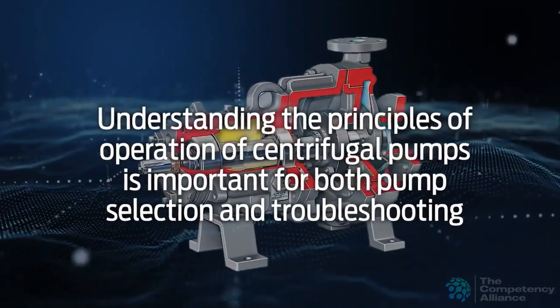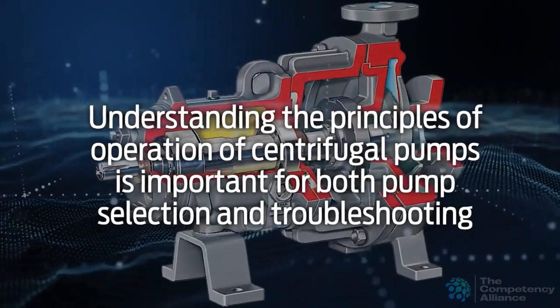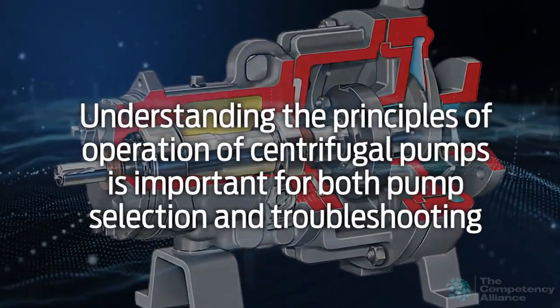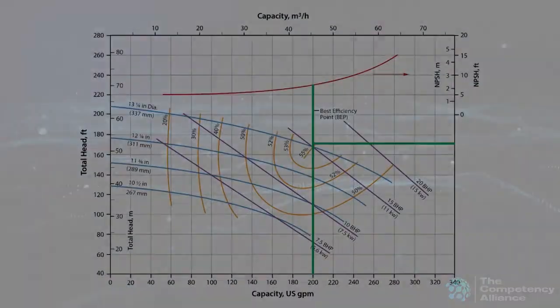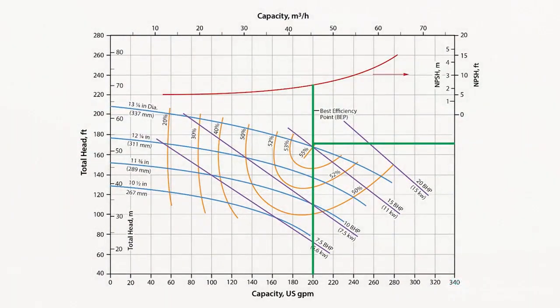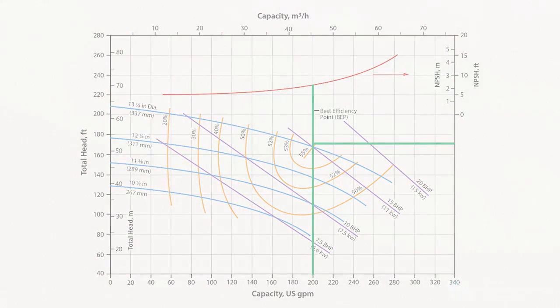Understanding the principles of operation of centrifugal pumps is important for both pump selection and troubleshooting. The centrifugal pump curve needs to be selected such that it is a good match for the piping system curve in which it will be installed.